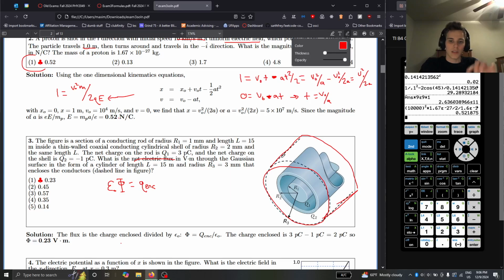Now, remember that this Gaussian surface is enclosing the entire body we have here. And we're actually given the net charge on both the rod in the middle and the net charge on that shell outside. So literally the overall charge enclosed is going to be that 2 picocoulombs or whatever that is.